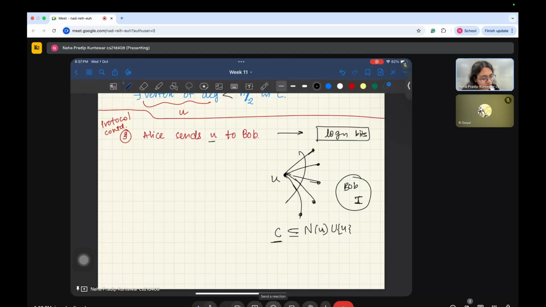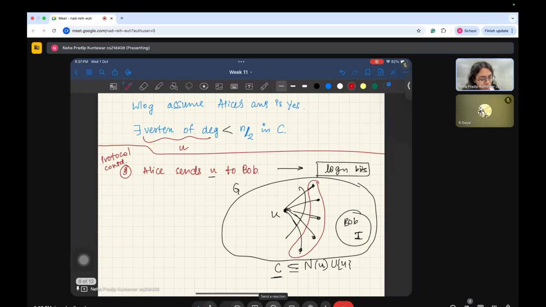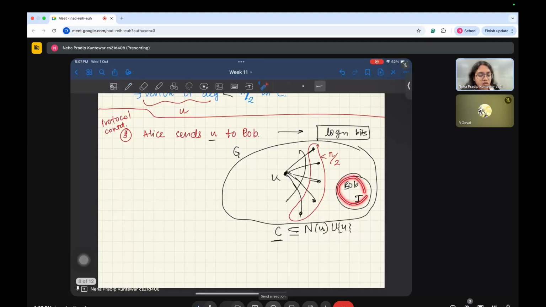The original graph is very large, it has n vertices, but we don't need any information about it, because all we care about is the information that Alice just sent, that the neighbors of u, that is the degree of u, is bounded by n by 2. So there are less than n by 2 many neighbors, and Bob just needs to check whether any of his vertices intersect with this set. What really happened is that the search space for Bob and Alice has reduced from n to n by 2.